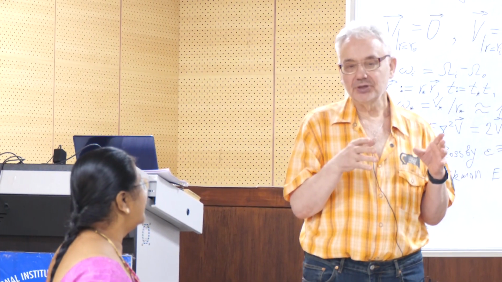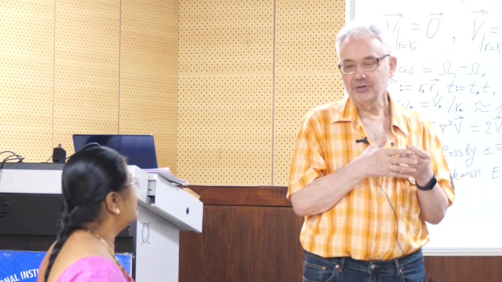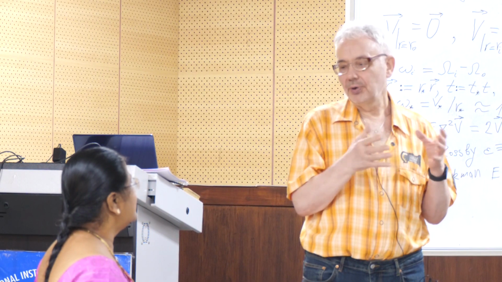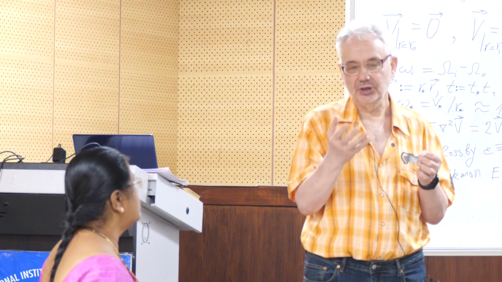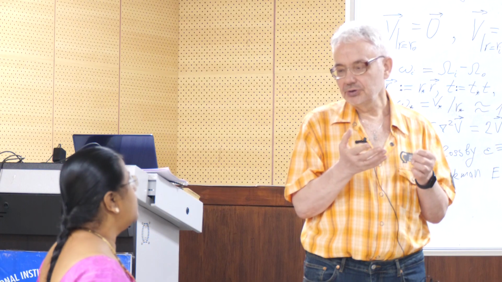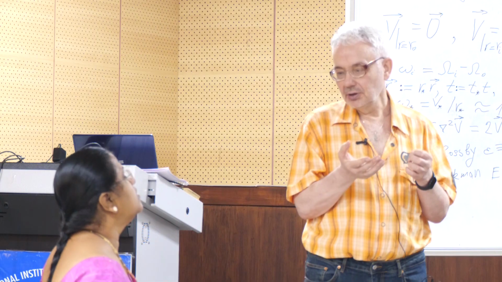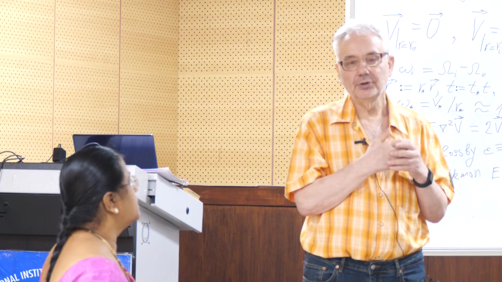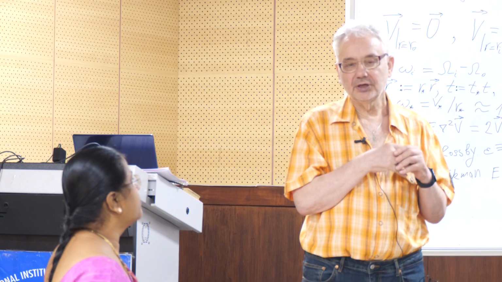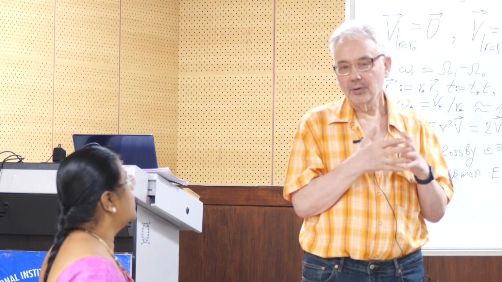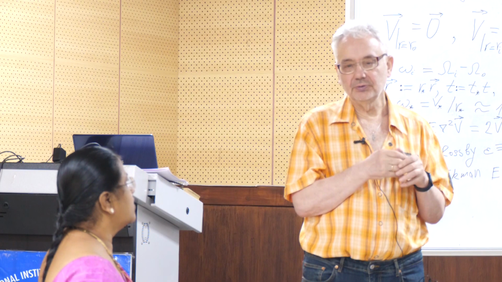This three-dimensional problem in partial derivatives actually has 4 components, because there are 3 components of velocity and there is the pressure. So it contains actually 4 equations in partial derivatives.